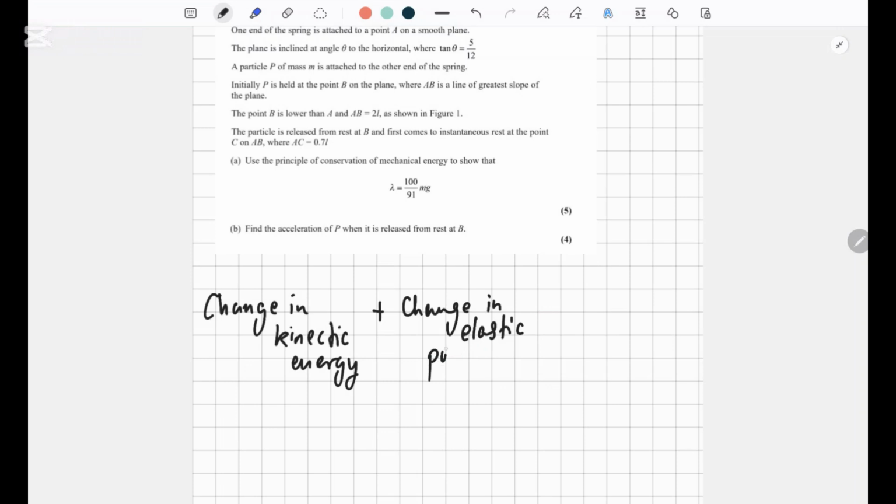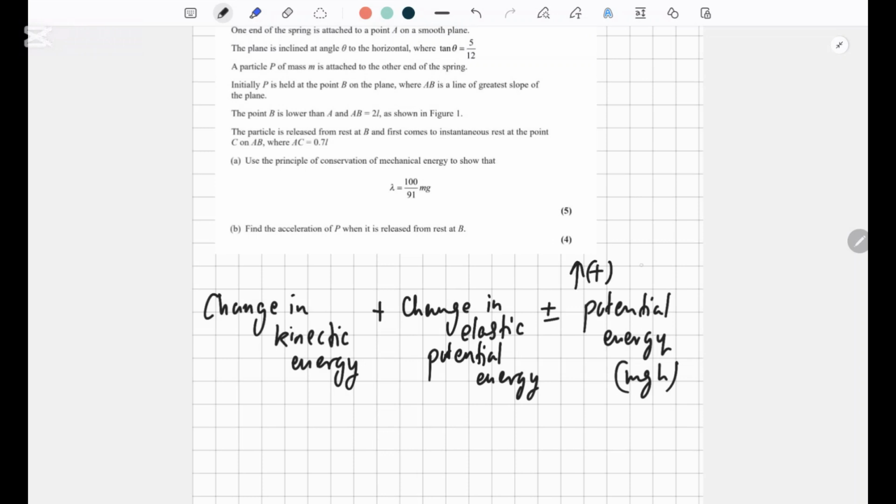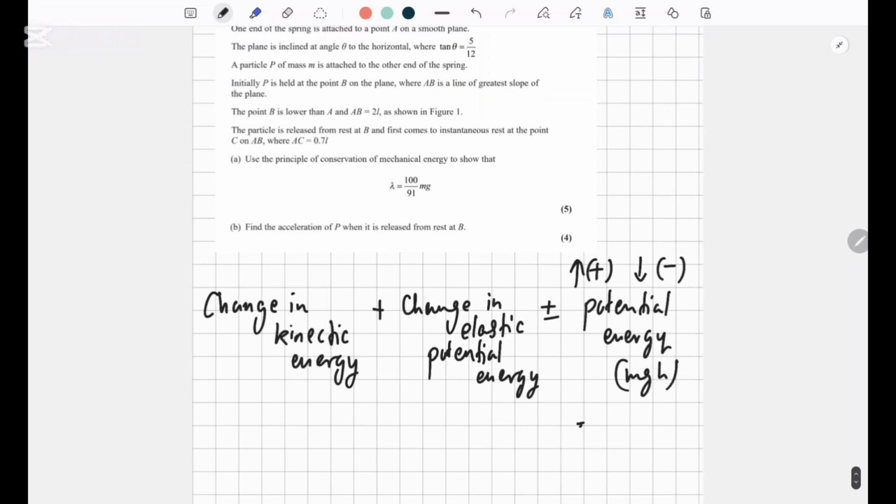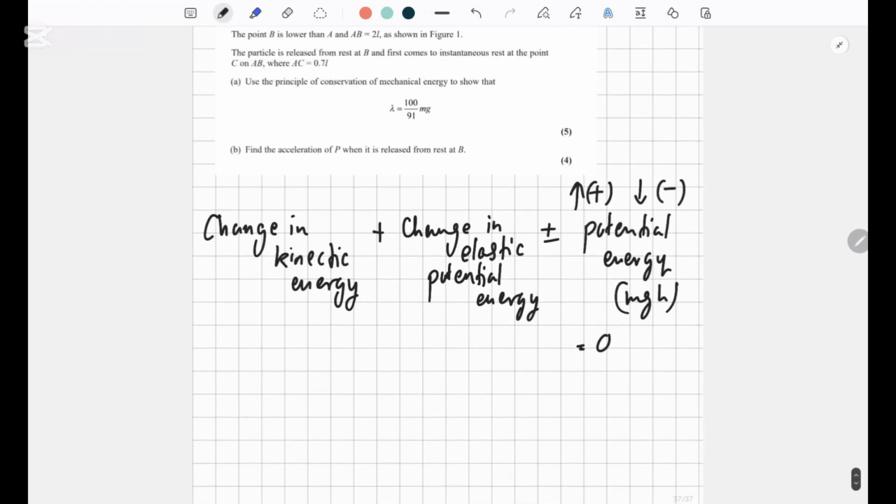That's how we find lambda here. Plus or minus change in potential energy, which is mgh. Because it's plus or minus: if it goes up, it's plus; if it goes down, it's minus. And they don't say anything about resistance. They say it's a smooth plane, so this equals 0. These are the energies we have to focus on. So let's find the answer.